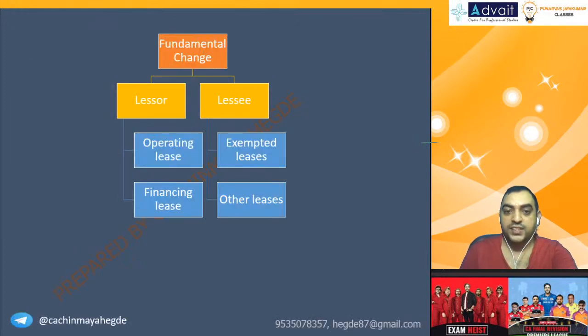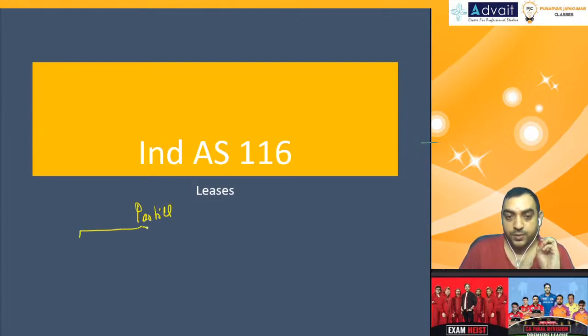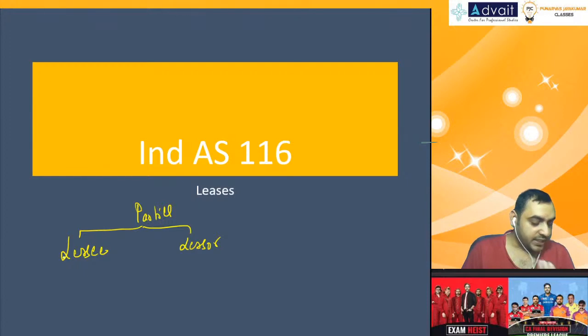Let me tell you what is the major change, fundamental change as compared to previous Ind AS. You know, there are two parties in a lease, one is called lessee, other is called lessor. Person who takes the asset is lessee, the person who gives the asset is lessor.